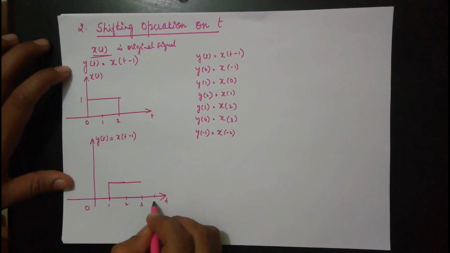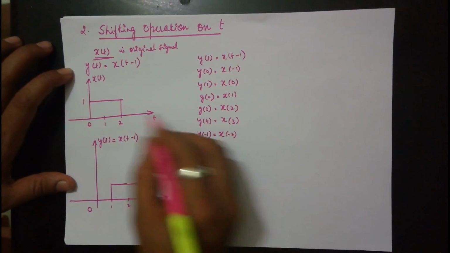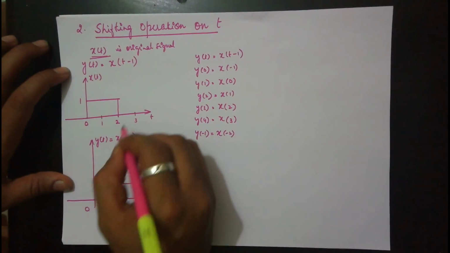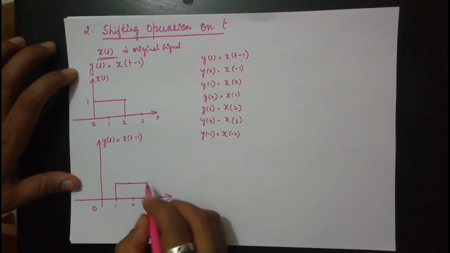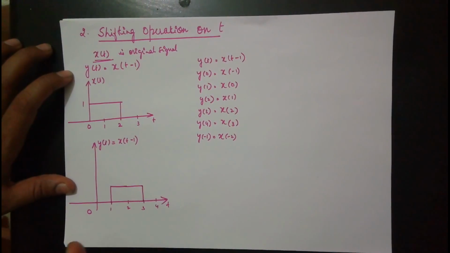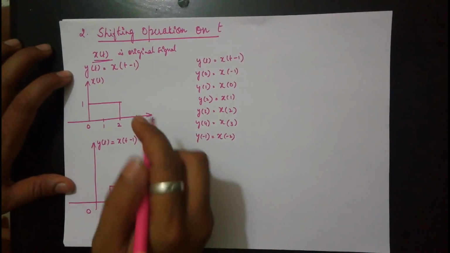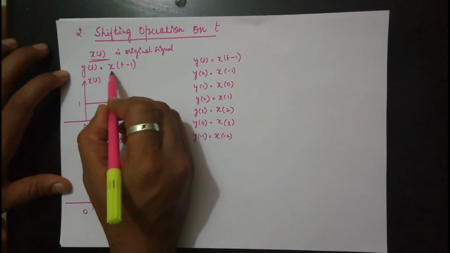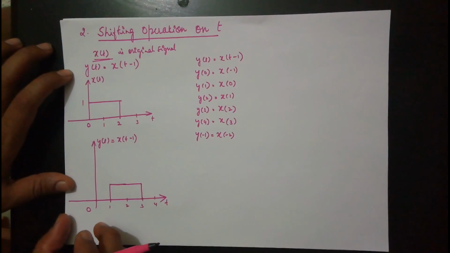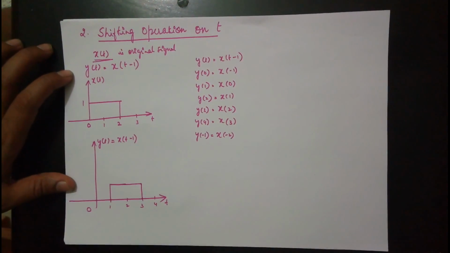Then y of 4 is x at 3. What do I have at t is equal to 3? Nothing. That is 0. So my waveform is shifted right by 1. That means if I have x of t minus 1, my waveform is shifted right by 1.